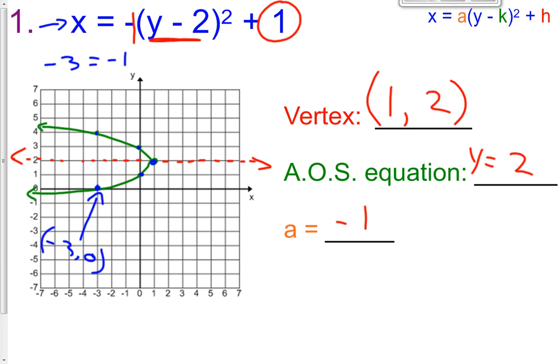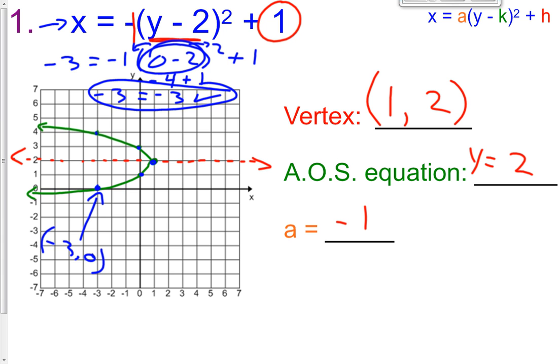Does that equal a negative 1 times 0 minus 2 quantity squared plus 1? Well, 0 minus 2 is a negative 2. A negative 2 times negative 2 is a positive 4. And a positive 4 times a negative 1 is a negative 4. Negative 4 plus 1 is a negative 3. So a negative 3 equals a negative 3. It checks. So that's what we have for problem number 1.